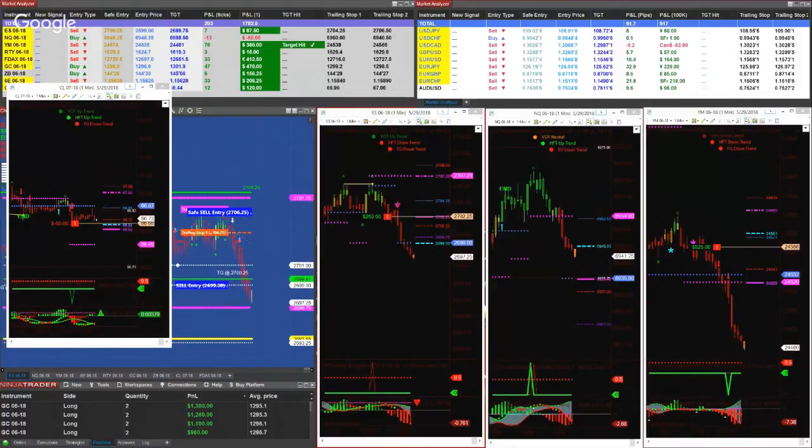Okay, we hit the 500 on the YM. If you're happy with the 500, please close position. 500, close position on the YM, please. Let's see if we can get another 500 on the ES.